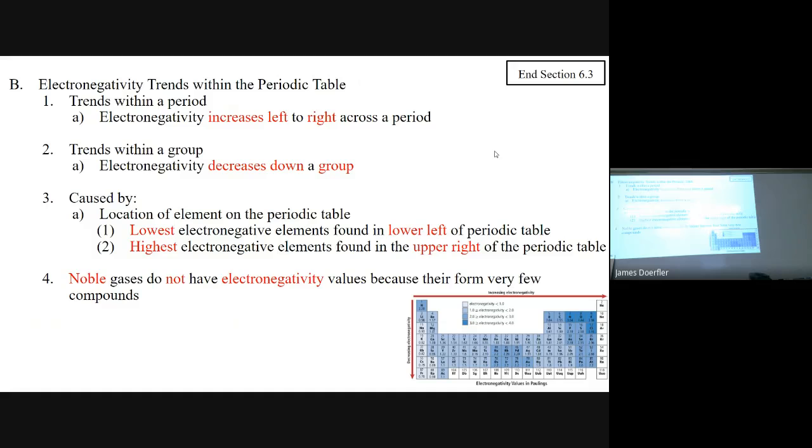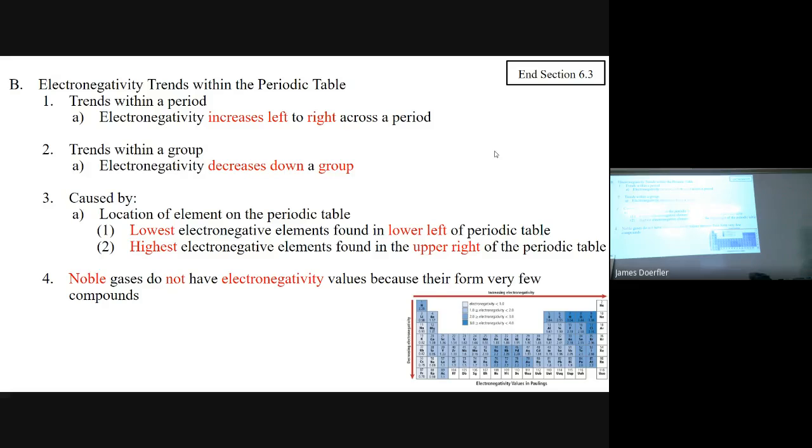And last but not least, the trend associated with electronegativity. Within a period, as we go left to right, the electronegativity increases, because as we move further and further to the right side where the nonmetals are, we have a greater ability to attract electrons to themselves.